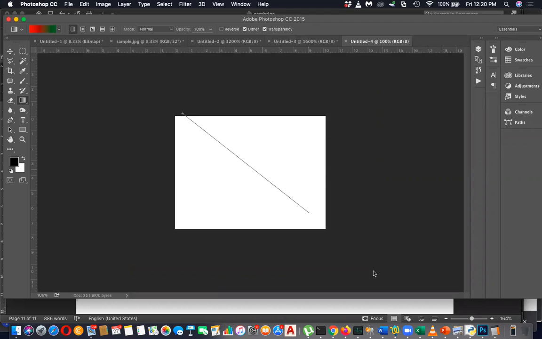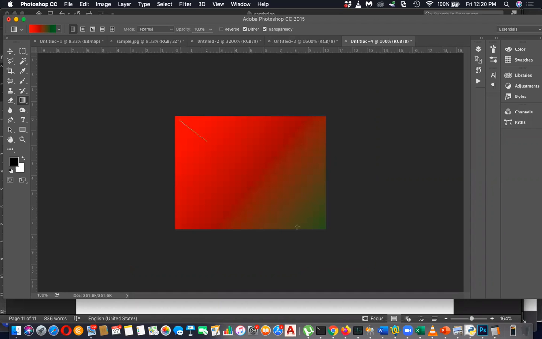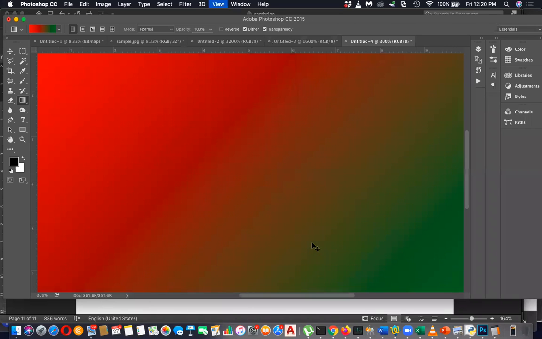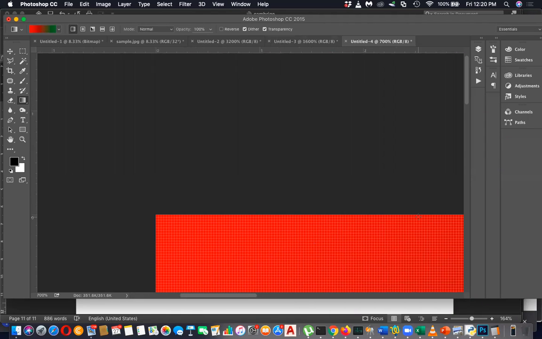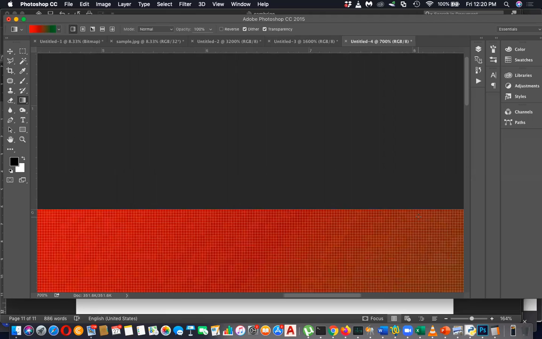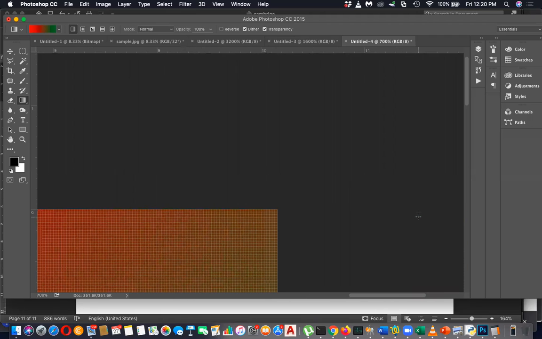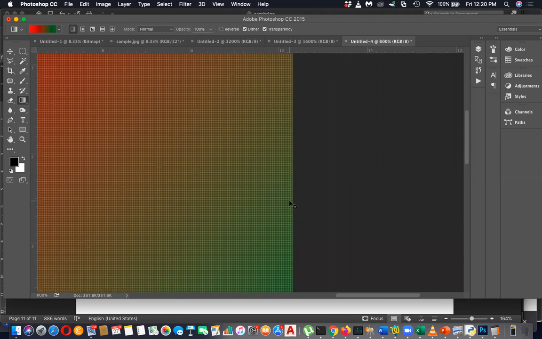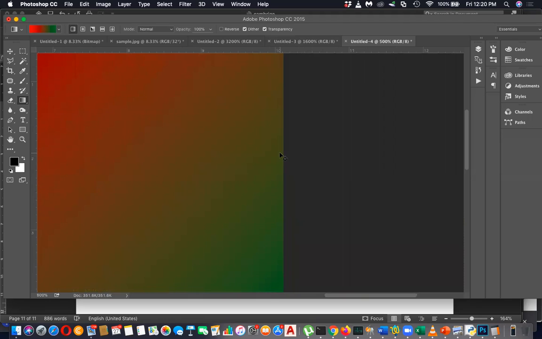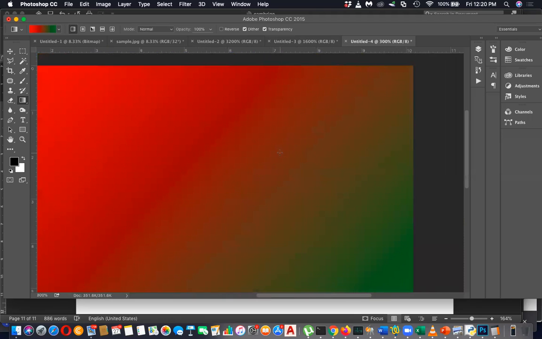In this direction you will have 400 pixels, and vertically 300 pixels, which altogether is 400 into 300, which is 120,000.